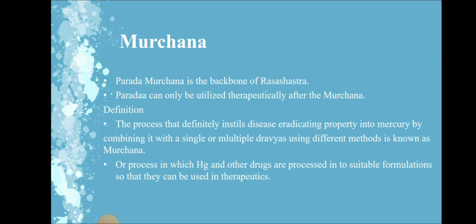Avyabhicharada means the Parada is mentioned in three aspects. Murchita Parada is used for Vyadhinashana, Baddha Parada is used for moksha, and Bhasmi Bhuta Parada is used for Amaratva. Apart from all these purposes, the Parada is also processed for therapeutic purposes.